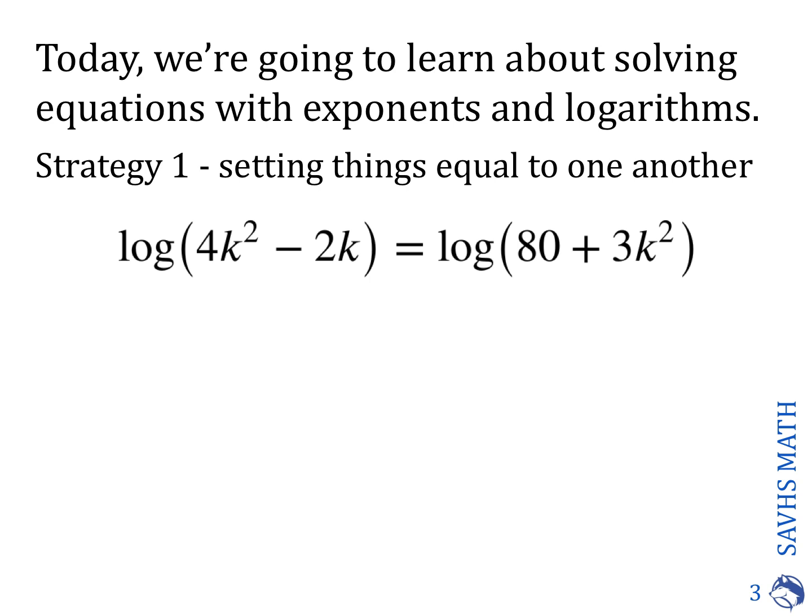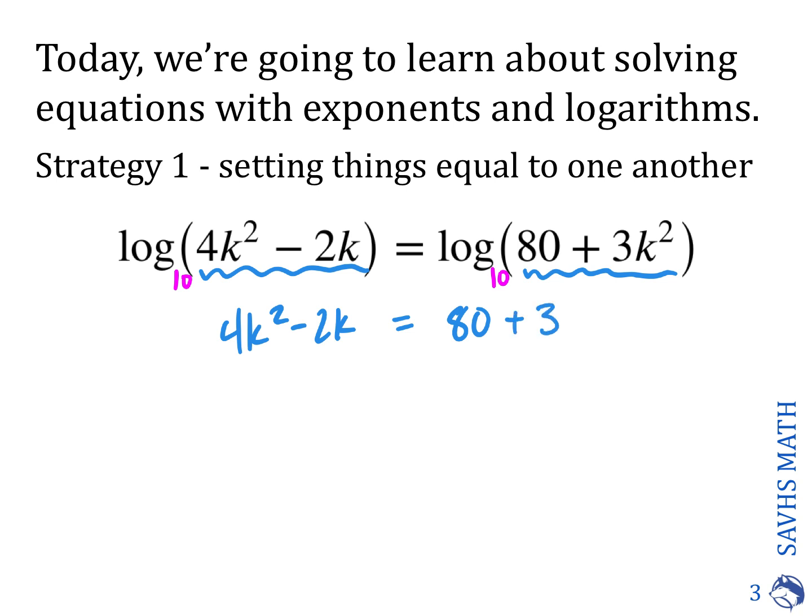In this one, though, this is a little bit weird because I'm starting off not with all the things that I just said. In this one, I have log base 10 on both sides. This is saying that 10 to some power is equal to this, but 10 to some power is also equal to this. And so together I can assume that 4k squared minus 2k must be equal to 80 plus 3k squared.